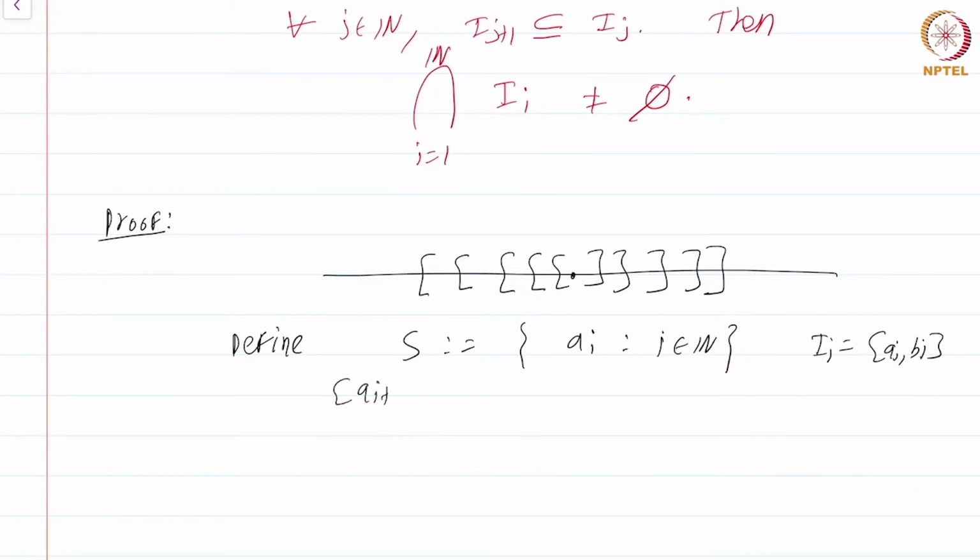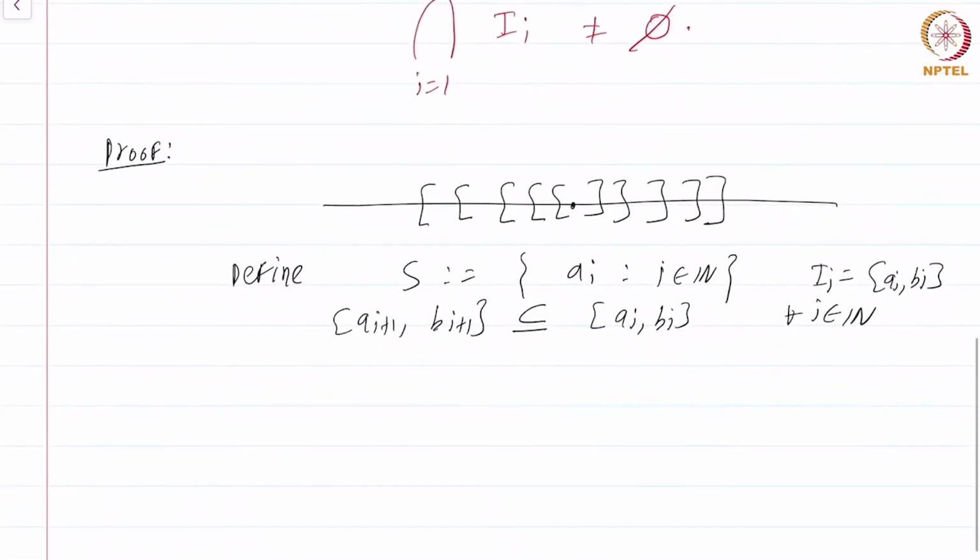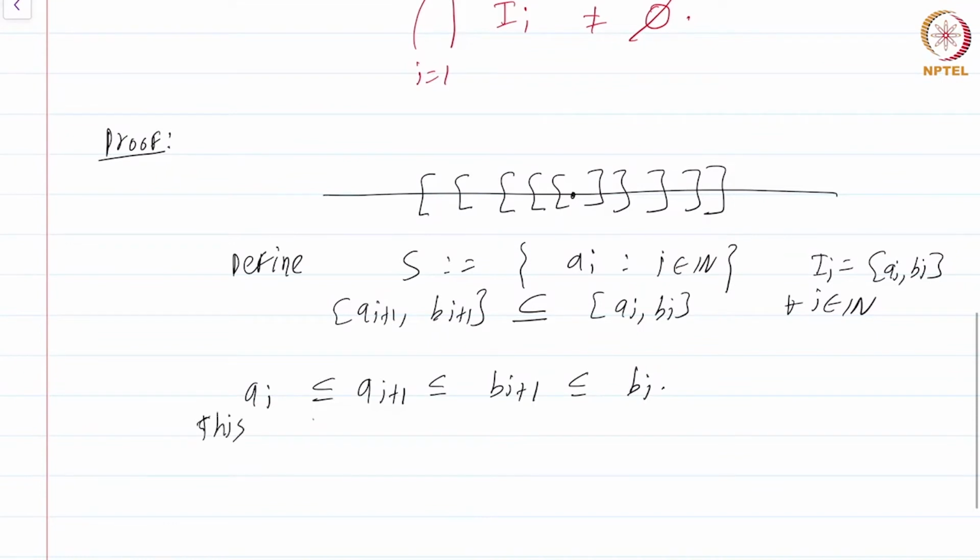Note that because [a_{i+1}, b_{i+1}] is always going to be a subset of [a_i, b_i] for all i in N, it immediately follows that a_{i+1} will in fact dominate a_i, which will be less than or equal to b_{i+1}, which will be less than or equal to b_i. This shows that each b_i is an upper bound for S.